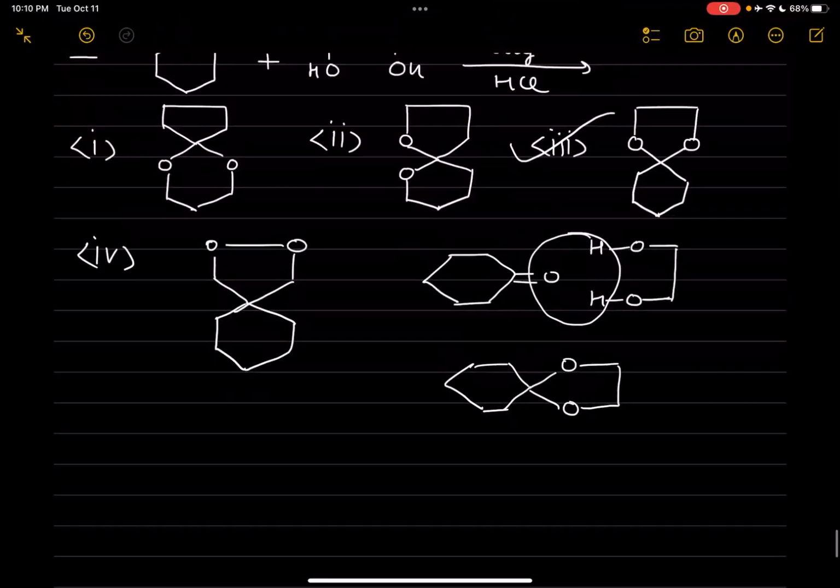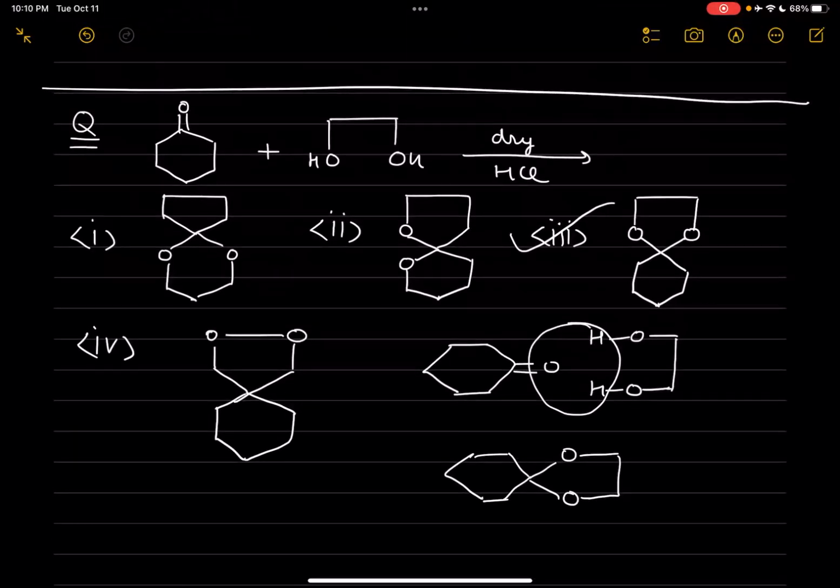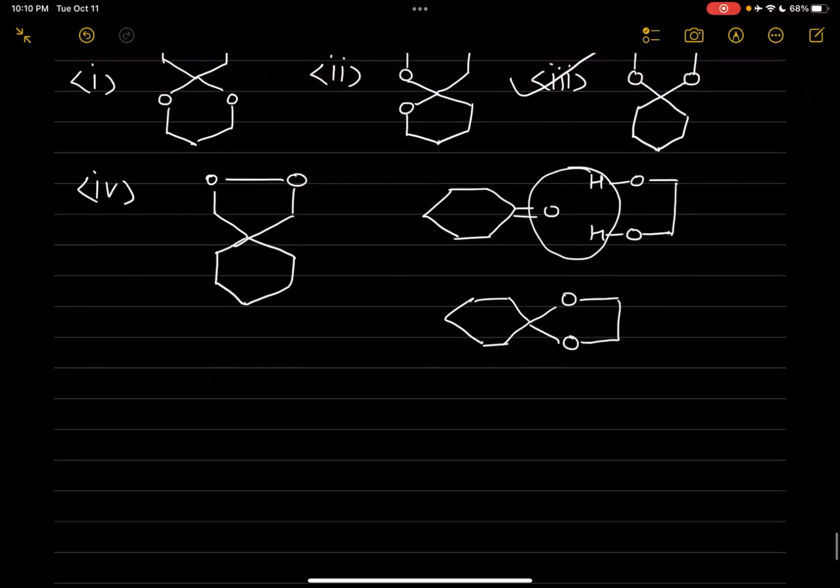And how are you going to break it again? Tell me. How are you going to get back your original reactants? So by adding H plus, like acid. Yeah, you take dilute conditions, H plus, H2O, aqueous conditions, right?